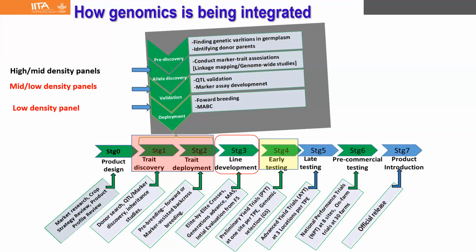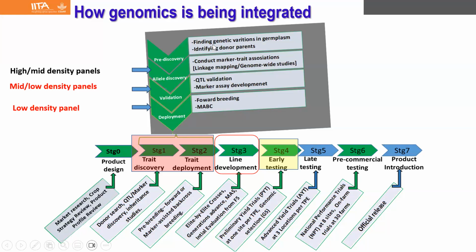This is where a lot of molecular applications is placed, looking at the pre-discovery part, where we are assessing the genetic variations in the germplasm that are available, which also provides sources of donor parents that are used in the breeding program.